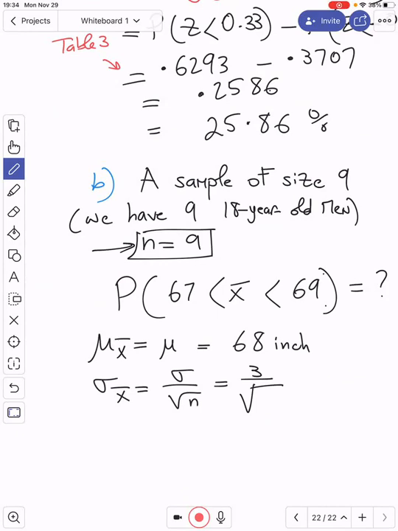The square root of 9 is 3, since 3 times 3 is 9. So this is 3 over 3, which is 1 inch.